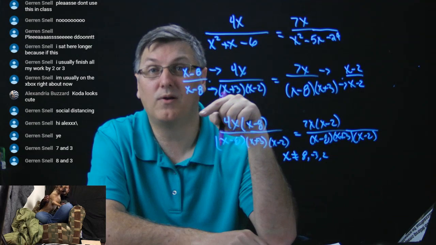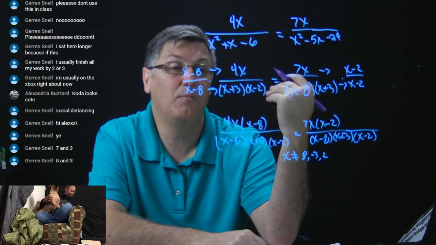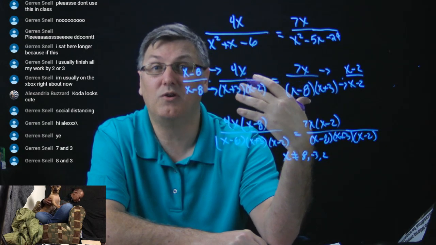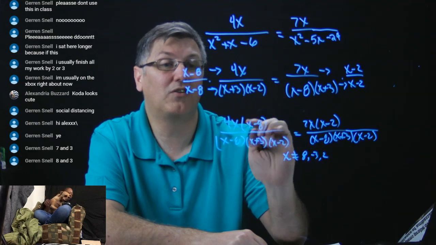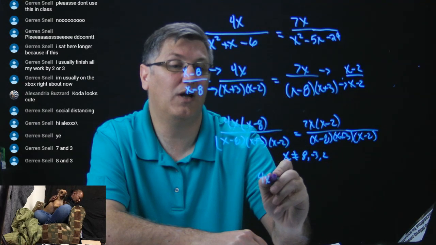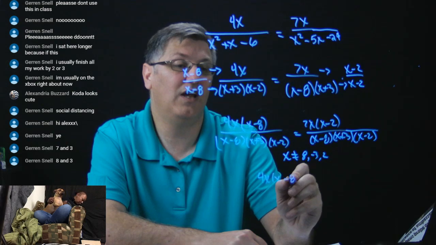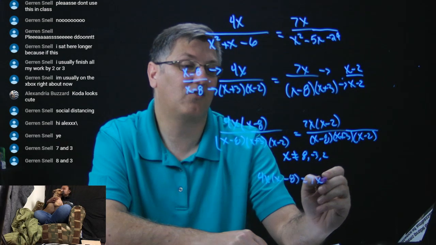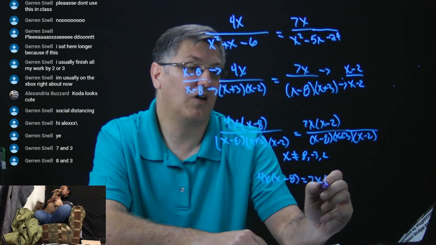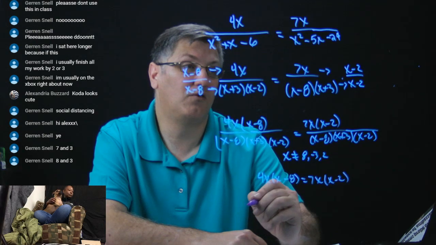Now, we can use the property of equality. I also call it the one-to-one property. They mean the same thing. The only way for this to be true, because my denominators are the same, is my tops have to be equal. So I simply do 4x times x minus 8 equals 7x times x minus 2, and I solve.